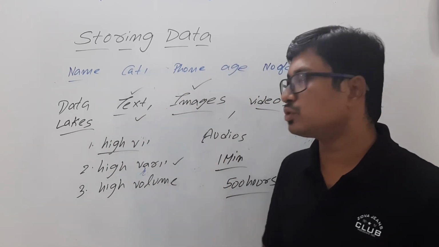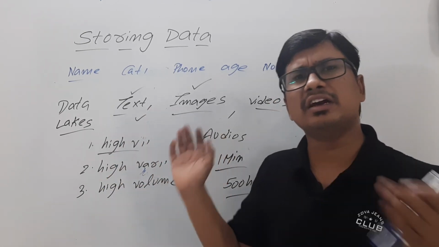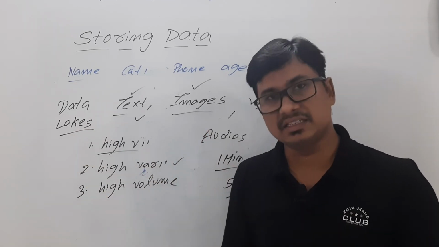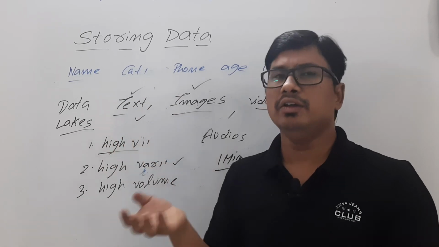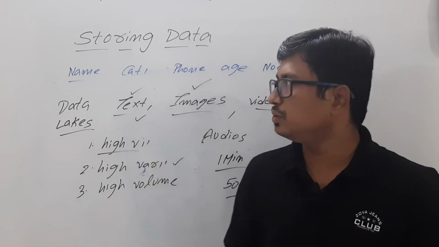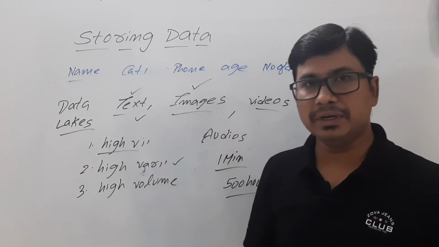But if you want to store unstructured data, structured data, semi-structured data, whatever data comes, then we will use data lakes. Let's keep the data; when it is required, we don't know. If it is required, we will perform the data analytics by keeping a data scientist. So this is the way you will store the data. I hope it is clear for you.